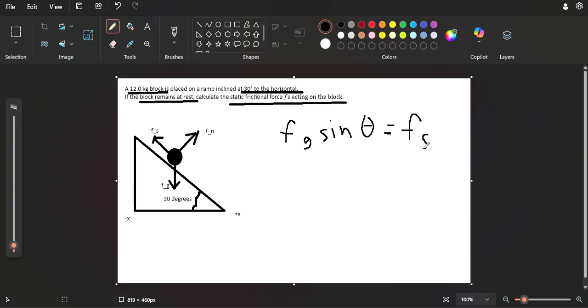Therefore, the net force here is equal to 0, and both forces have to equal each other.